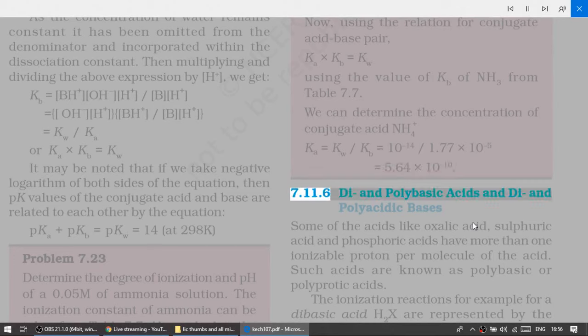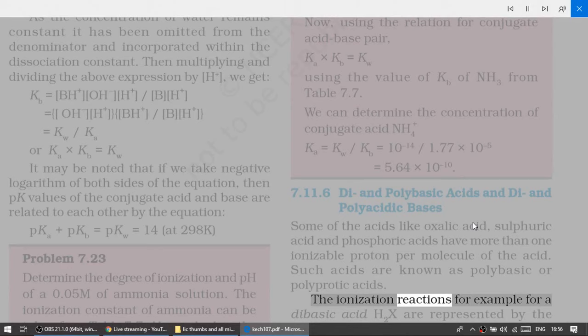7.7.1 Polybasic acids and polyacidic bases. Some of the acids, like oxalic acid, sulfuric acid and phosphoric acid, have more than one ionizable proton per molecule of the acid. Such acids are known as polybasic or polyprotic acids.